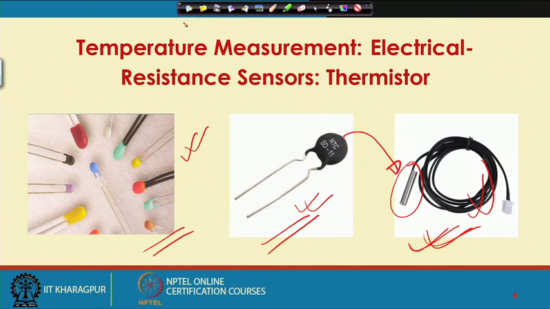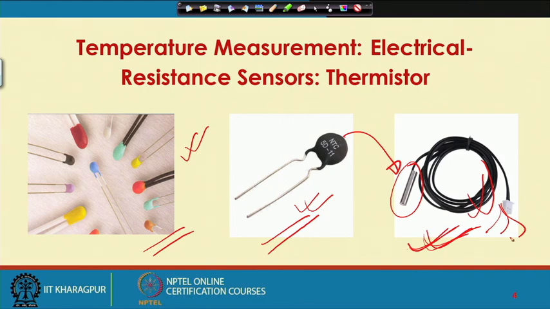Basically from outside it may not be very easy to find out whether this one is RTD or thermistor, because the protective casing may look identical. Yes, but if it is a 3-wire RTD connection, then I will see 3 wires coming out.